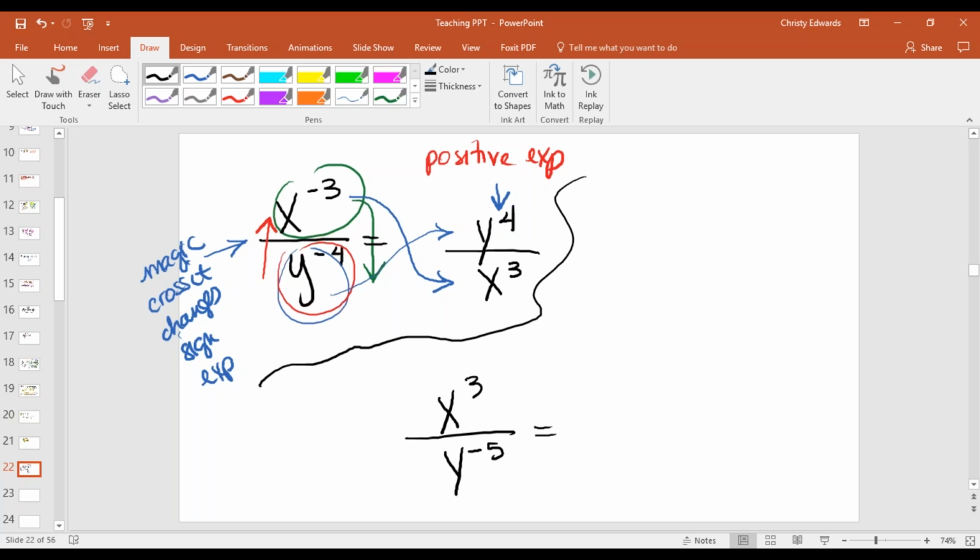Do you see that only one needs to move? See, x to the third is already in a good place to have a positive exponent. He's up in the numerator. But who's not got a positive exponent? Y to the negative fifth. So he wants to come up. So in the end, this would be an x to the third and a y to the fifth, all in the numerator.